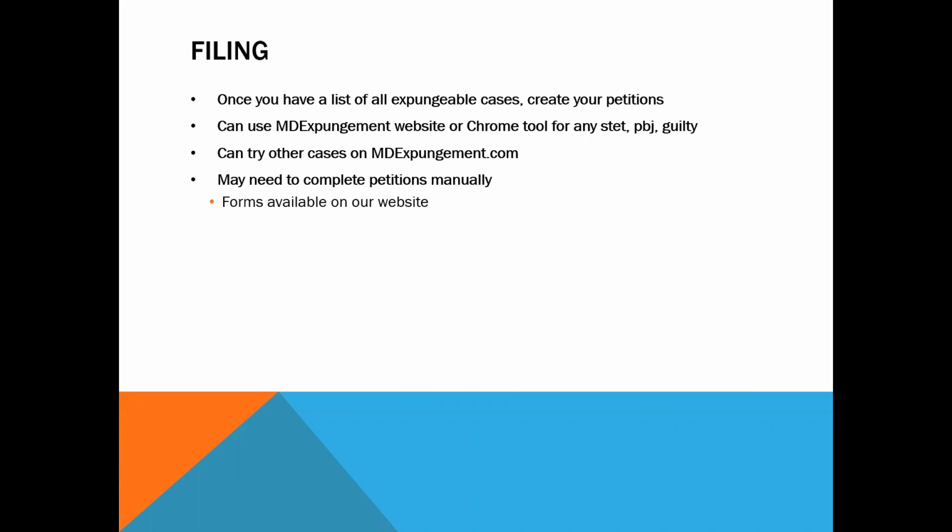There are fillable PDFs on the court's website. We have links to them on our website as well. So you will be able to simply type in the information. And if you have a case from Case Search that you have completed using MD Expungement, you can cross-reference that to kind of see how the form gets filled out.